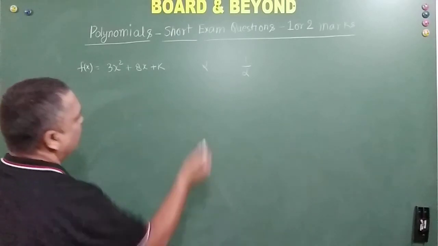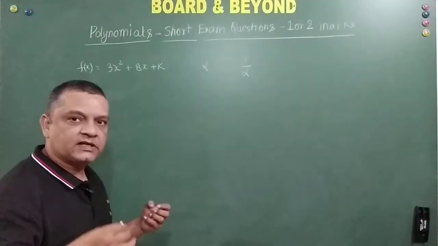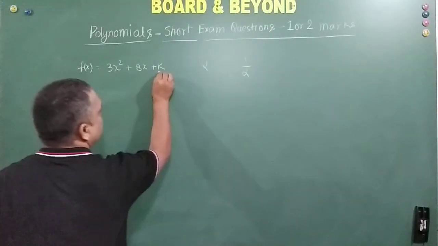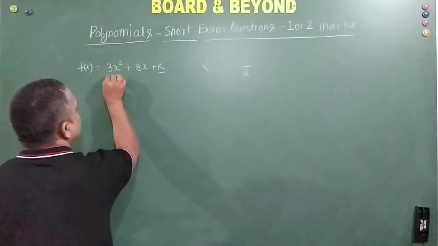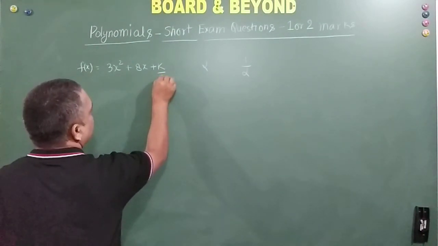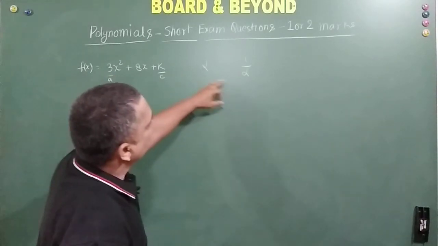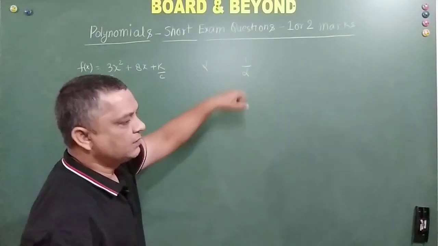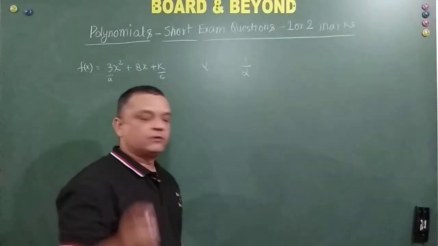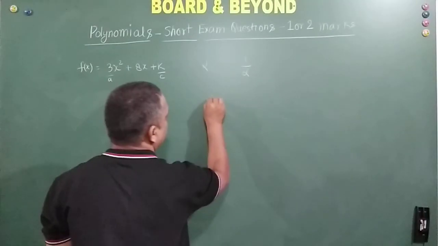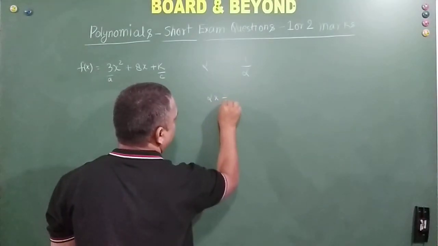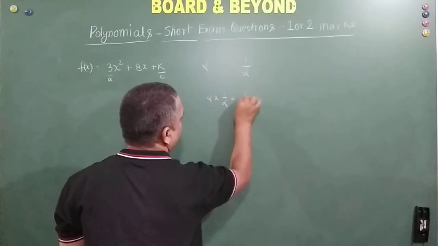We need to solve it fast because this is a very short question. So this is b, this is c and this is a. If we take the product of the roots, alpha into 1 by alpha, it should be equal to c by a.